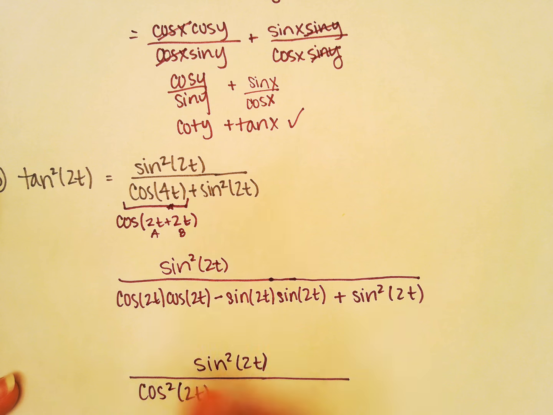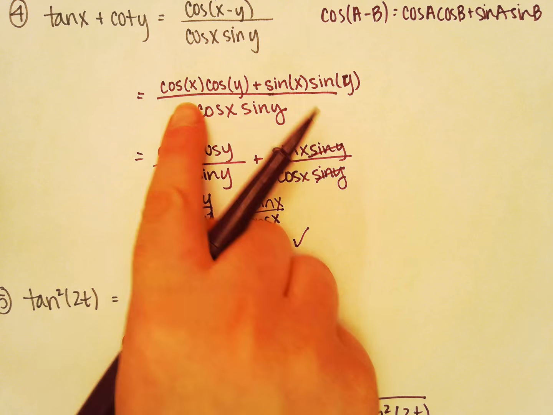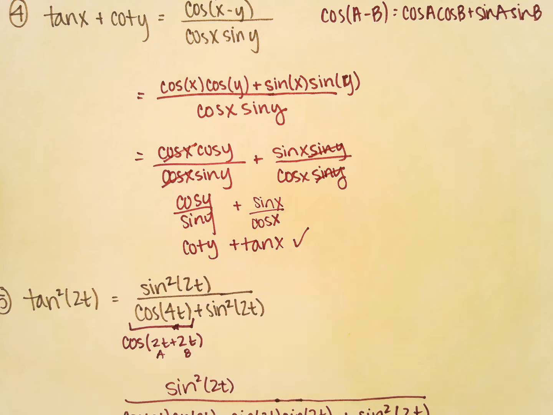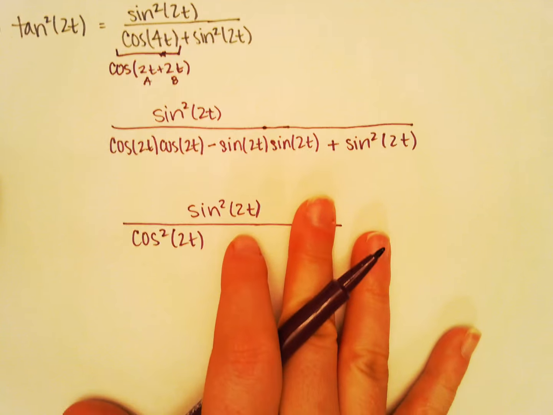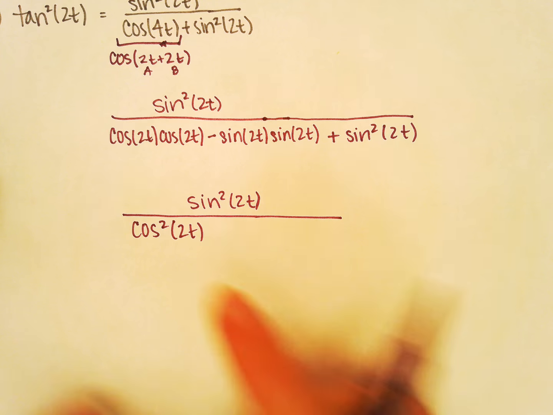It has to have the same argument though, so up here, don't represent this as cosine squared. That's not an okay thing. Same thing here, sine squared is not okay for that, since x and y are not the same argument inside my function. But these are, which means I can represent it like this, cosine squared.